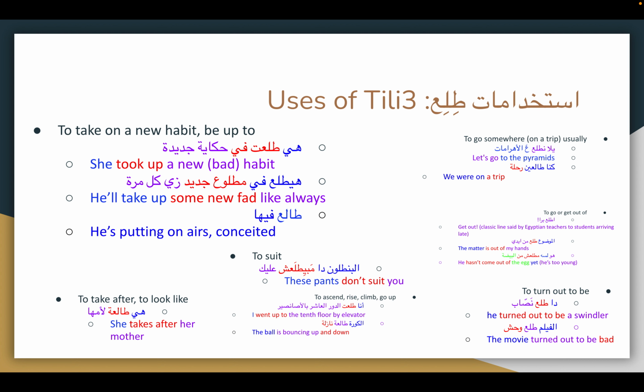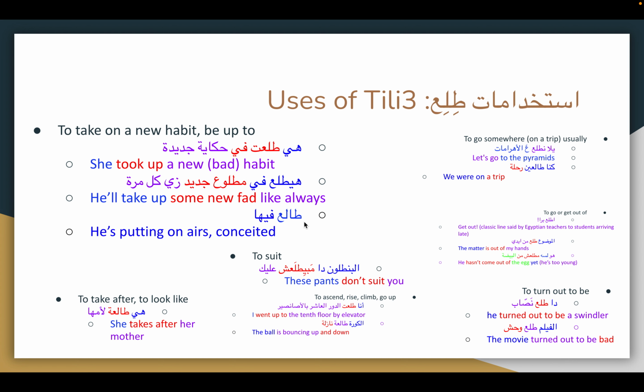It's something that طلع before, something that came out. I think we'll see an example of that usage soon, if I didn't forget to include it. هيطلع في مطلوع جديد زي كل مرة, like always, or like every time, زي كل مرة.